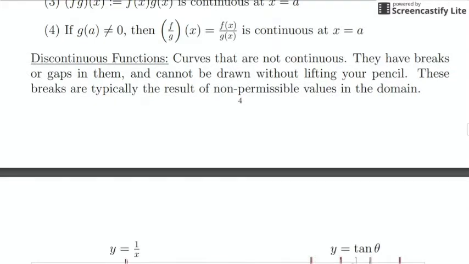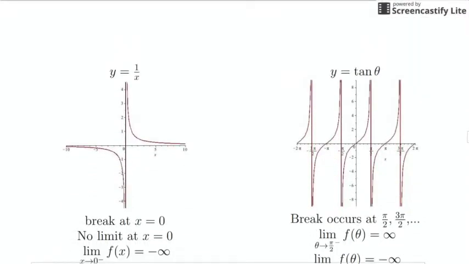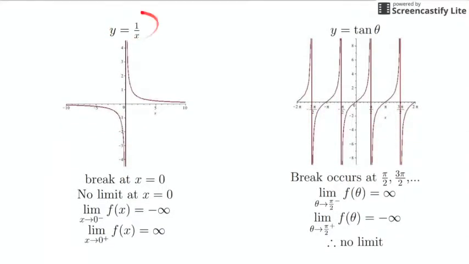Let's take a look at a couple of examples real quick, just to see what they look like. Here's a classic one, the reciprocal function, 1 over x. Notice that this thing is undefined when x is equal to 0. And we've seen this before. I can draw this by riding along just below the x-axis, then I drop down here. But right at this point, in order for me to keep drawing it, I have to pick up my pen, start up at the top here, and then go back down.